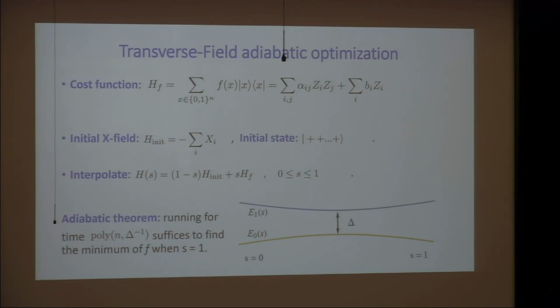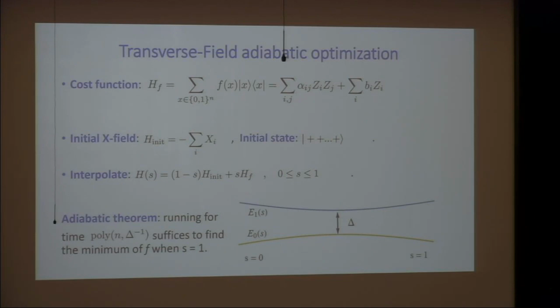The adiabatic theorem guarantees that if we do this interpolation sufficiently slowly, for a time that scales polynomially in the number of qubits and the inverse of the minimum spectral gap between the ground state energy and the first excited state energy along the evolution, this will suffice to be in the ground state of the system at s equals 1, and therefore find the minimum of the function f. Now, of course, we don't expect to be able to solve worst-case NP-hard problems in polynomial time with a quantum computer, but like all heuristics for optimization, we're hoping for good performance in practice, maybe on average.